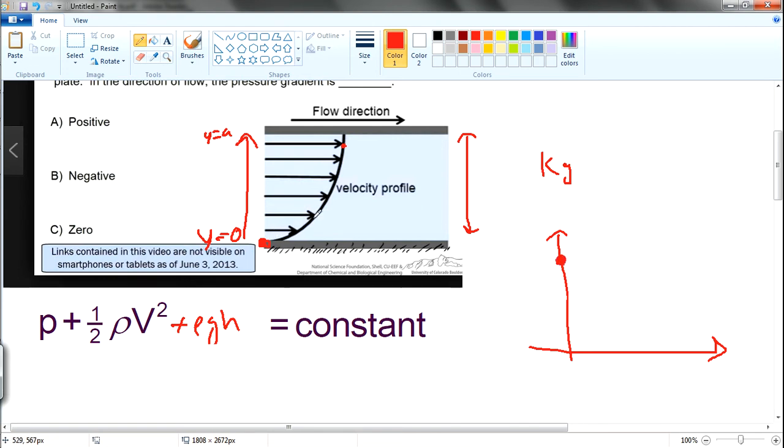And as velocity increases in a square manner, the pressure may decrease, so there will be a negative gradient going downwards. From here you can see that I use velocity as a driving term.